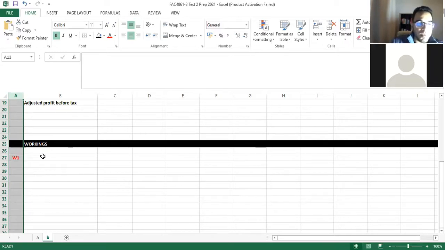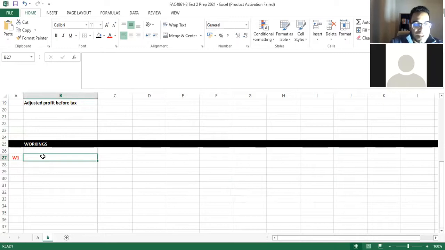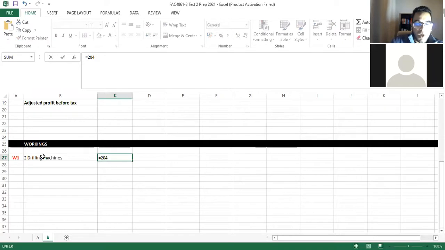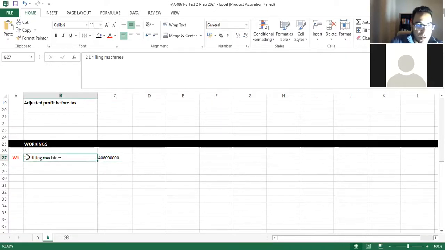We're settling 2 drilling machines, which is equal to 204, 123, 123 times 2. So it's 408.